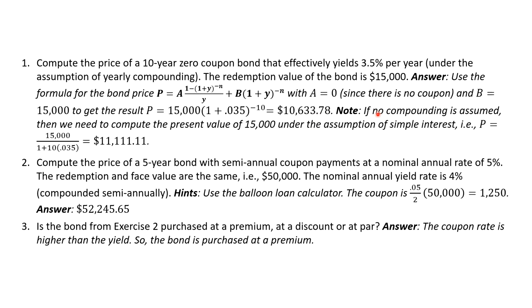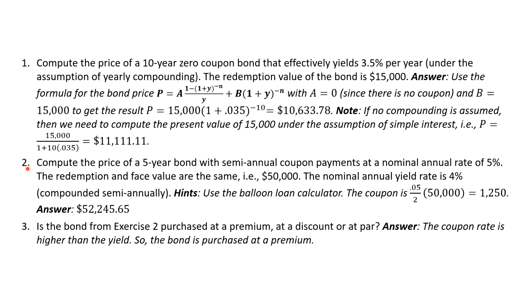If no compounding is assumed, we need to compute the present value of $15,000 under the assumption of simple interest. And in that case, we have the price, 15,000 over 1 plus 10, it's 10 years, times the 0.035, and we get this answer here.